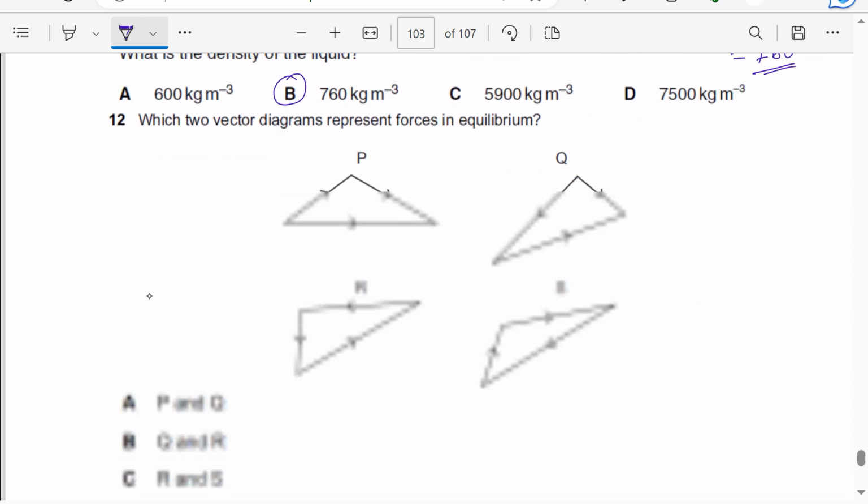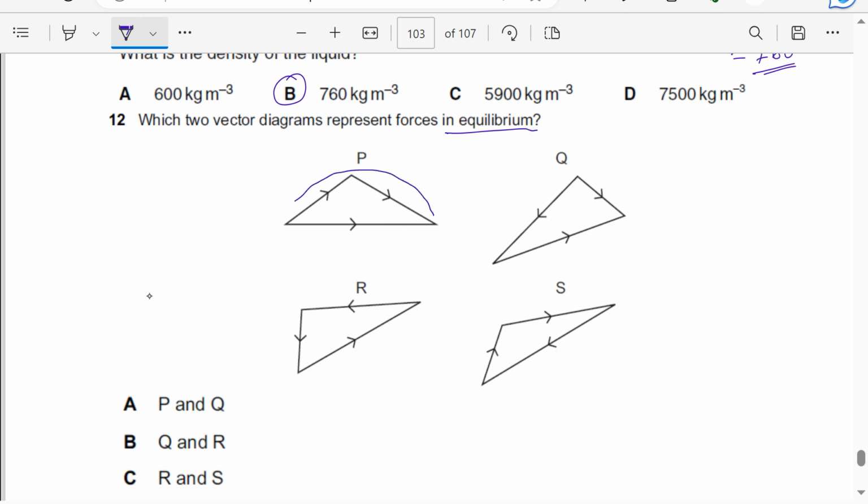Which two vector diagrams represent forces in equilibrium? Remember, for equilibrium, it must be a closed triangle. So you can try to move around. These are forming that loop. This is the other way around, that's not closed. This one is the other way around, that is not correct.